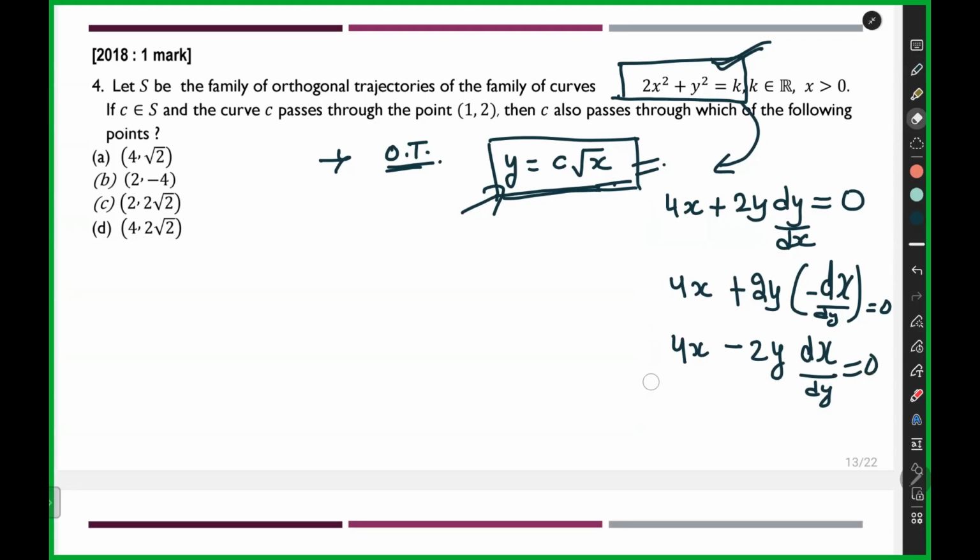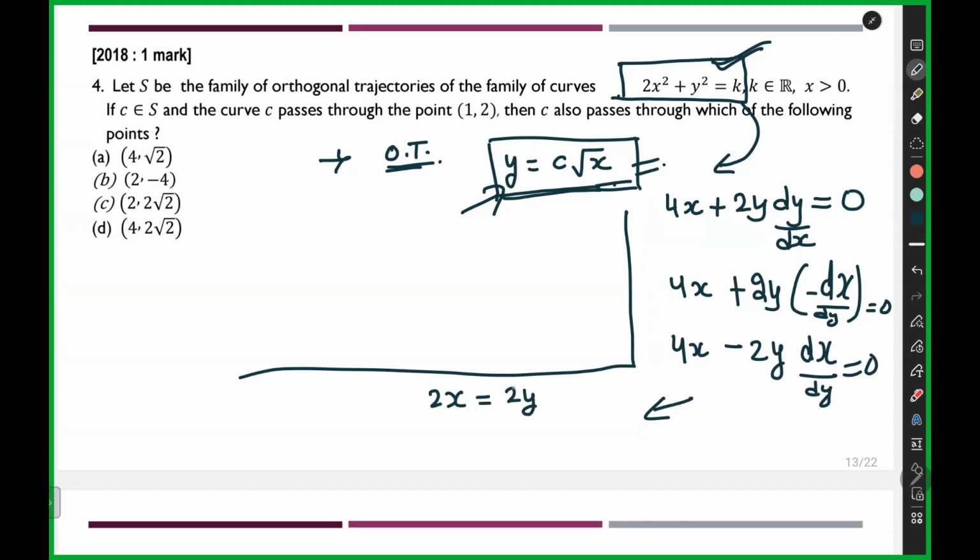So here it is nothing but 2x equals 2y dx upon dy.